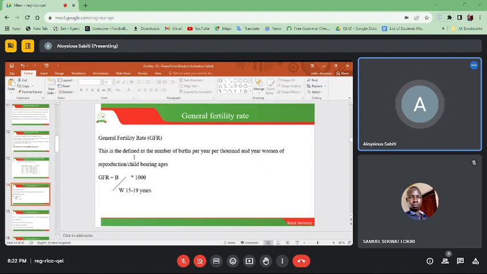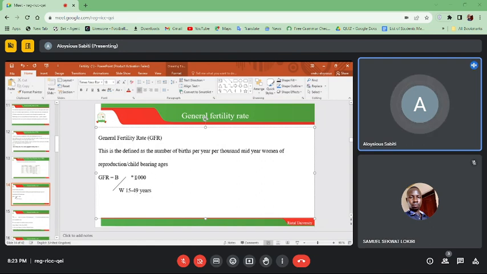Another measure is what we call the general fertility rate, and this is defined as the number of births per year per 1,000 midyear women of reproductive or childbearing age. So our general fertility rate is looking at the births over the number of women aged 15 to 49 years.